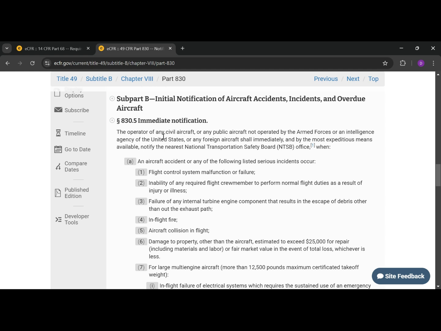The operator of any civil aircraft or any public aircraft not operated by the armed forces or an intelligence agency of the United States or any foreign aircraft shall immediately and by the most expeditious means available notify the nearest National Transportation Safety Board office when an aircraft accident or any of the following listed serious incidents occur. So if these occur, you have to immediately notify the NTSB.